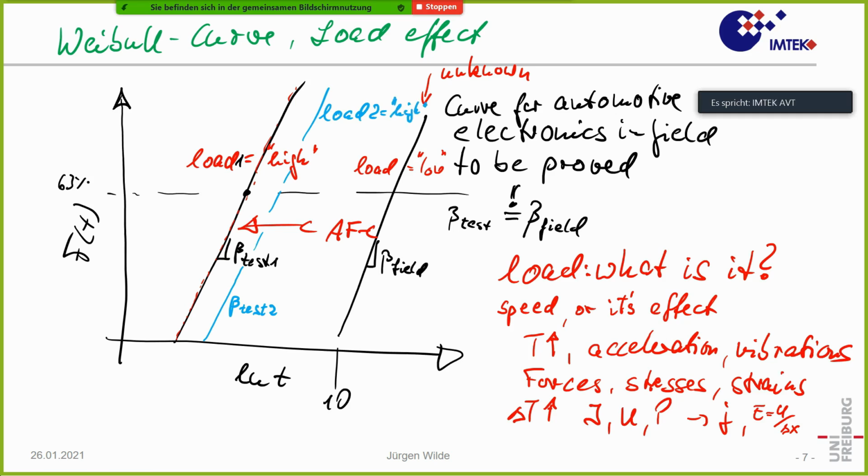And in that way, you will be able to determine activation energies which are valid for your part, and in that way, the activation energy will have a higher quality, and your acceleration factor will also be of higher validity than when you use standard acceleration parameters.